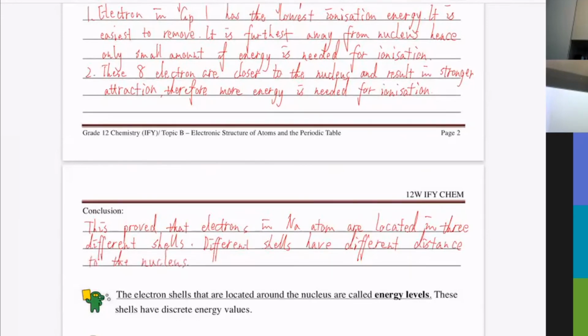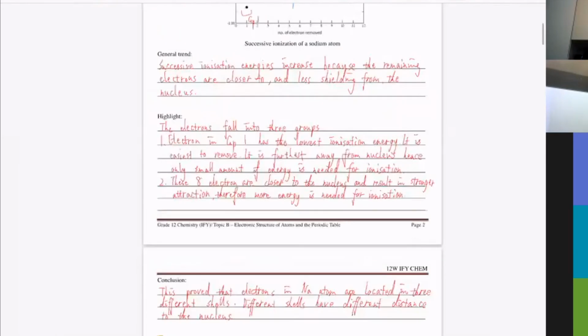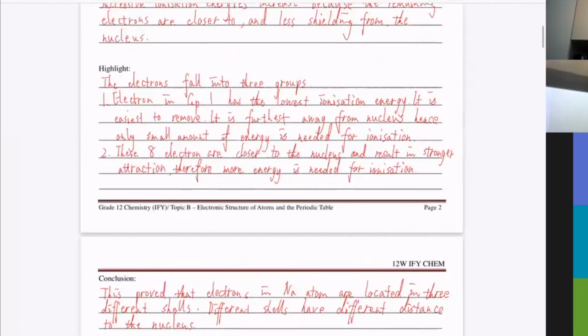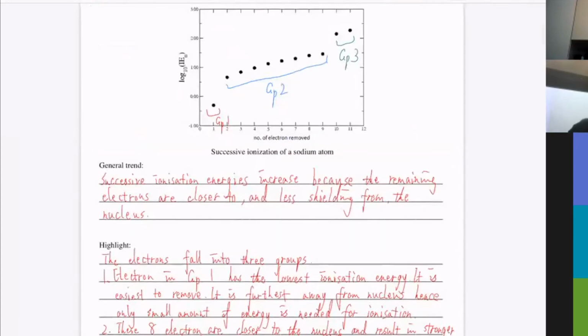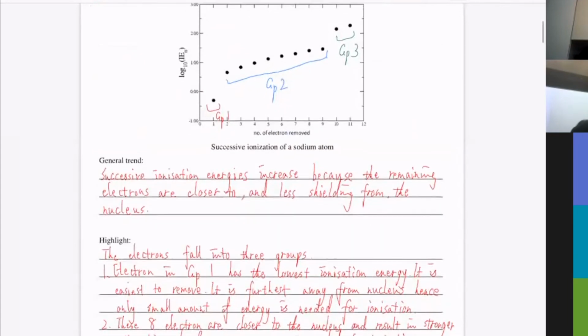That's why you see a clear difference between the 3 groups of electrons, because they have a clear difference in distance to the nucleus.